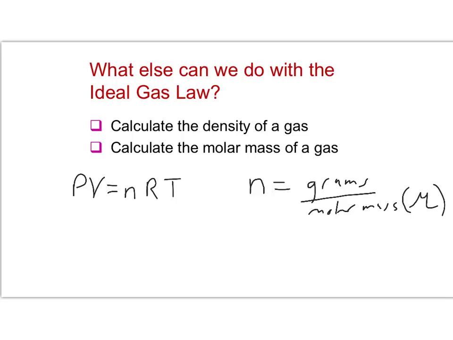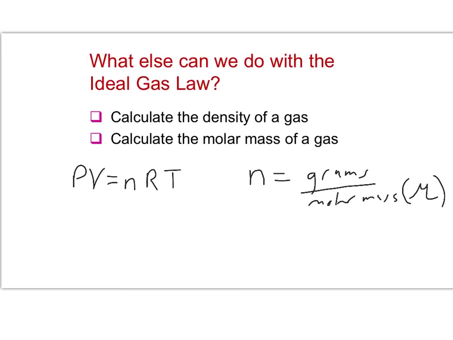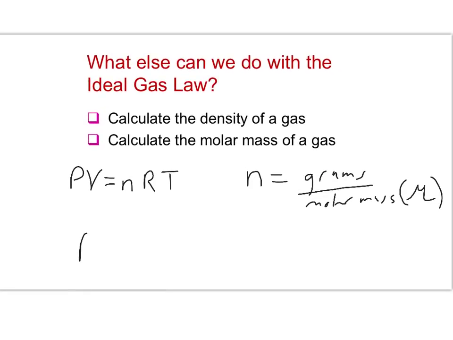So if I substitute this value in for n, PV is equal to grams times RT over mu, molar mass.